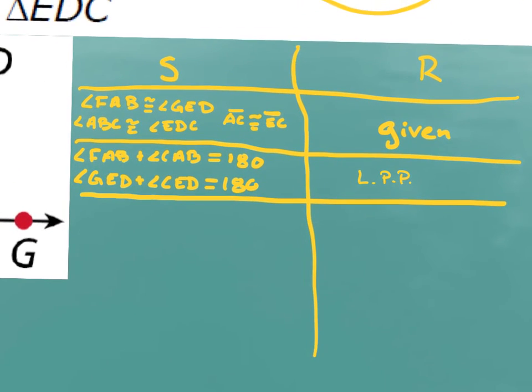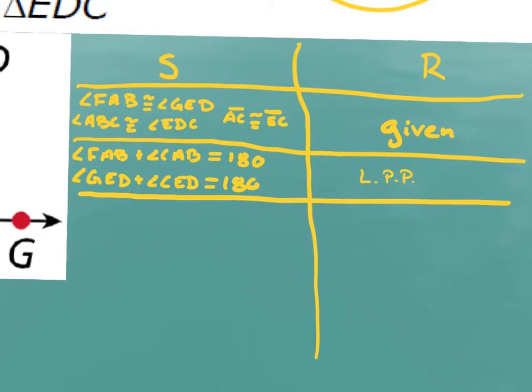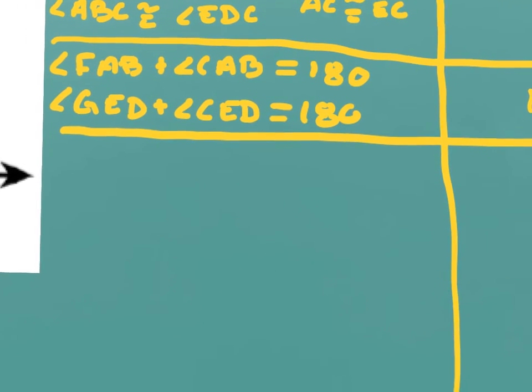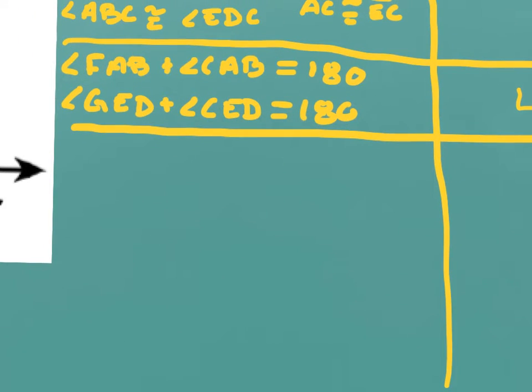What was our purpose of having two sentences that were both equal to 180? So we can get angle CED and angle CAB alone. Right, but how do I connect them? I need to connect these things. Like last time we got here, we had a way of connecting them. How did we do that?